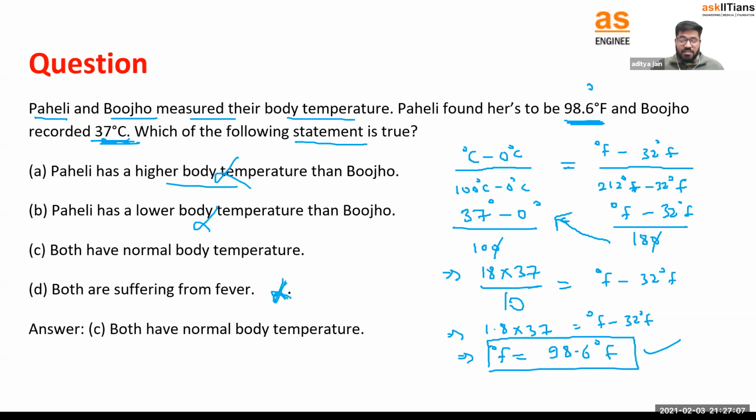No, fever is around 102 degrees Fahrenheit. So both have normal temperature, because 37 degrees is the normal body temperature and 98.6 degrees Fahrenheit is also normal body temperature, which is equal to 37 degrees. We have already seen it. So the correct answer will be option C. Both have normal body temperature, 37 degrees Celsius, which can also be equated to 98.6 degrees Fahrenheit.